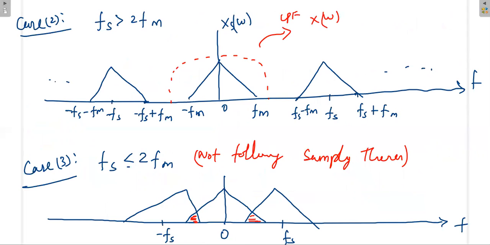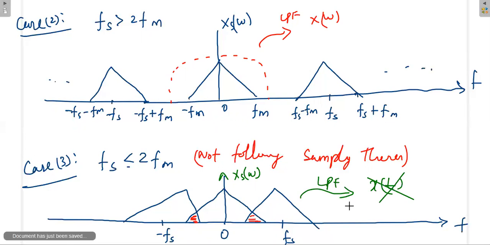But here, if you pass this signal through a low pass filter, you cannot completely get the original signal. It is because of this distortion. That means you are not able to get the original spectrum, and only if you have the original spectrum can you get the original signal.